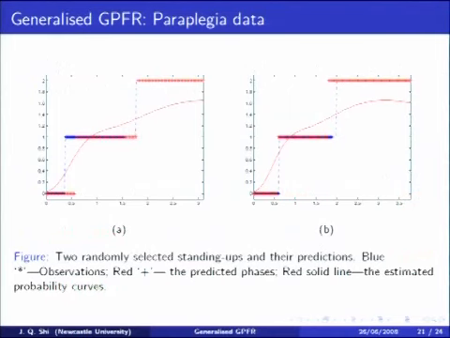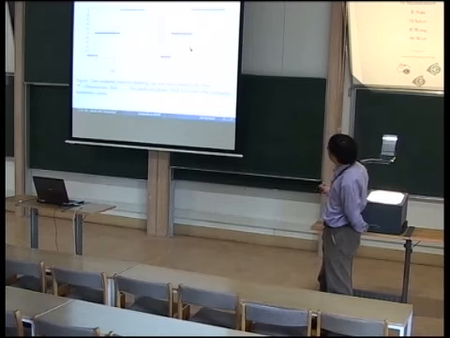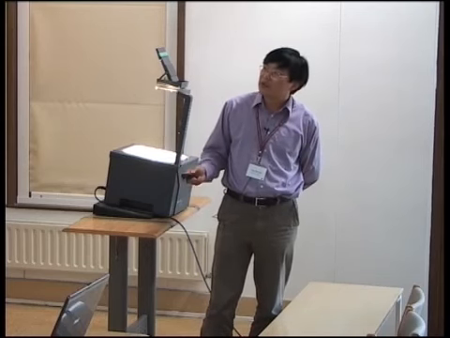The blue one is the data collected from this particular subject; we only take the observations from here to here. The red one here is the fitted values, and the other part is a prediction. So we can see our model gives quite a good result.